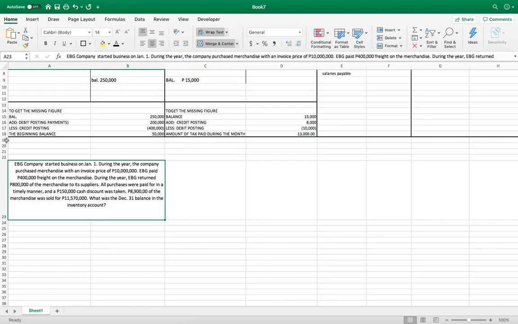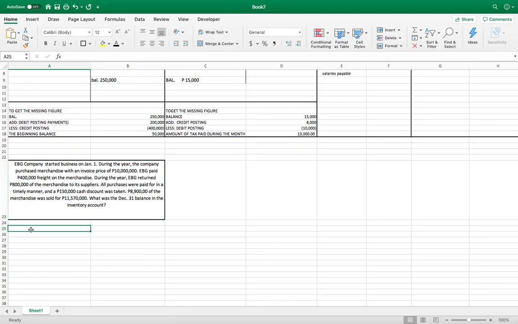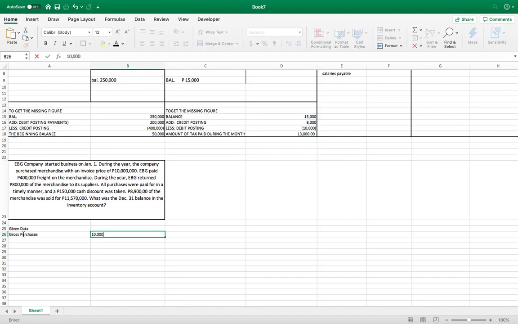So again, let us solve the problem by taking note of what is given. Given data. So what are the given data? We have the gross purchases, which is 10 million. So we will compute here the cost of purchase, and the total goods available for sale, because it's the first year of operation, so no beginning inventory.